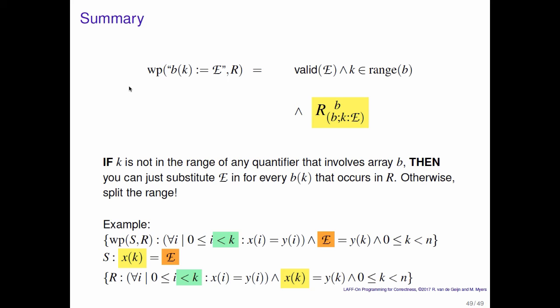And an example of what I mean by that is, here we have a postcondition where we have isolated the element of x indexed by k. It is that element to which we're going to assign an expression, and that should have been a colon equals because it's becomes. And notice that here we just did a textual substitution of that expression into the occurrence of x of k to come up with the weakest precondition.